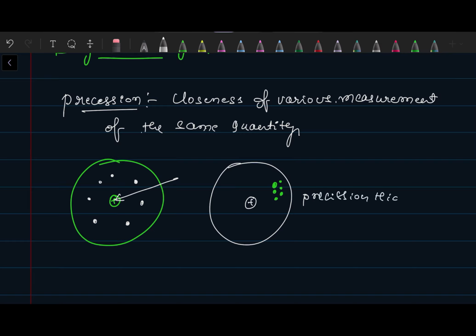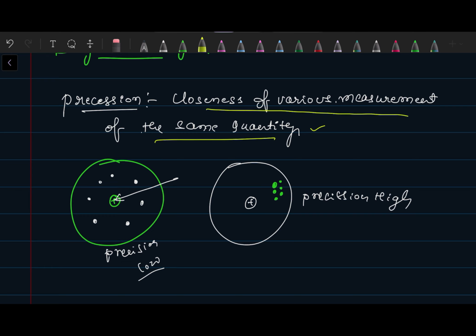Precision is high here, and here precision is low. We can again understand the definition: closeness of various measurements. Here various measurements are there, but they are not nearby each other, they are in different positions. But here, even though various measurements are taken, all are nearby to each other and combined together. That is the way we can mention that precision is high. This is the definition of precision.